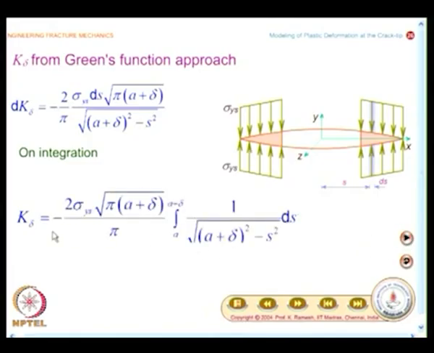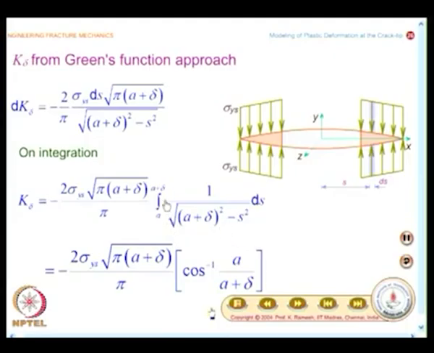So, what I have here is it becomes k delta equal to minus 2 sigma ys multiplied by pi into a plus delta divided by pi, between the limits you integrate a to a plus delta 1 by square root of a plus delta squared minus s squared into ds.